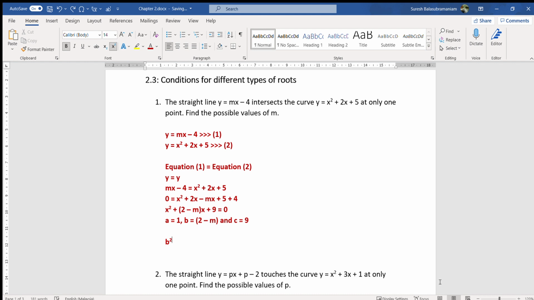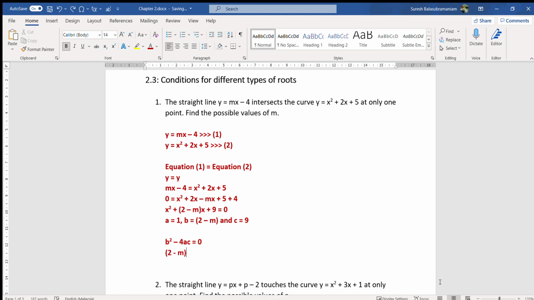So I will use b squared minus 4ac, and this time b squared minus 4ac equals 0. Why? Because there is only one solution for the equation, as it's mentioned in the question that it intersects at only one point. So replace a, b and c with their values.